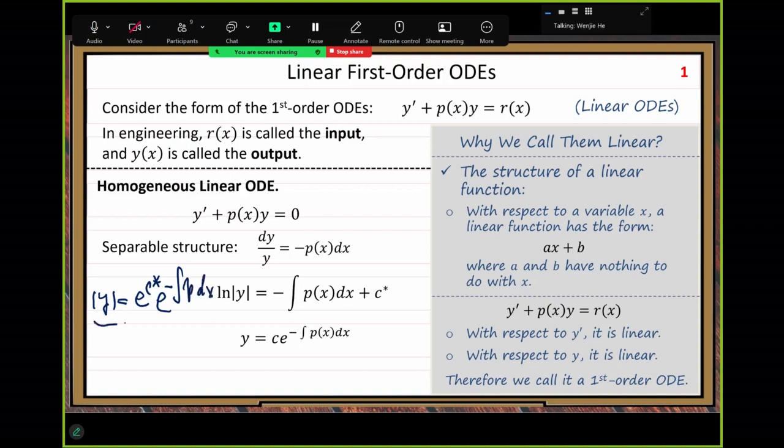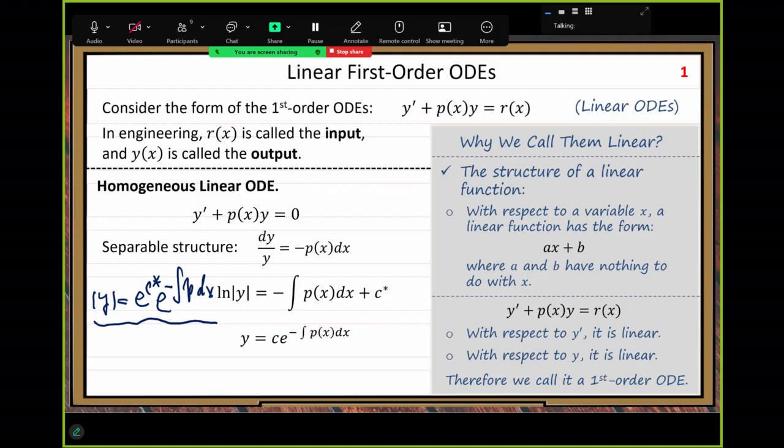So this is the first intermediate step. Then, in the second one, we want to remove the absolute value sign. But you cannot remove it directly. If you remove it directly, you cannot justify it, because it could be wrong. So we need to justify it.